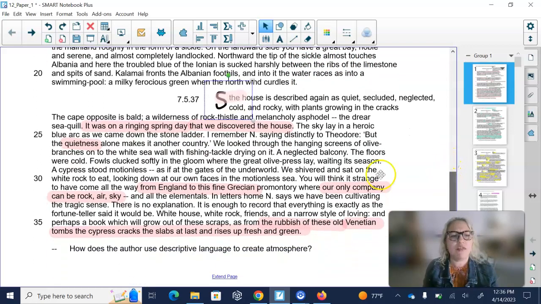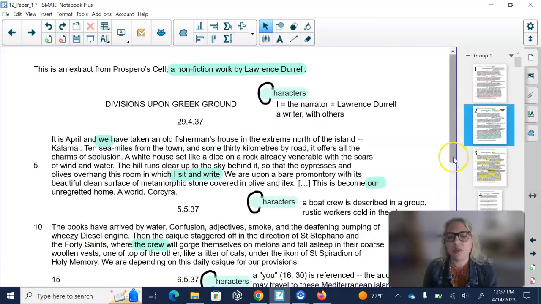The last paragraph comes back to this fisherman's house, and it's described as quiet, secluded, neglected, cold, rocky, with plants growing in the cracks. Okay, so let's take a look at character now. What characters do we have in this text, and what do we know about them?